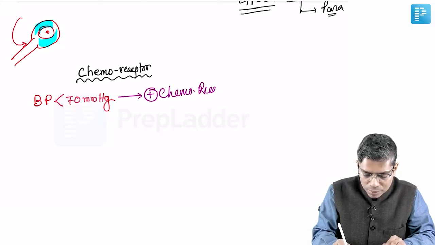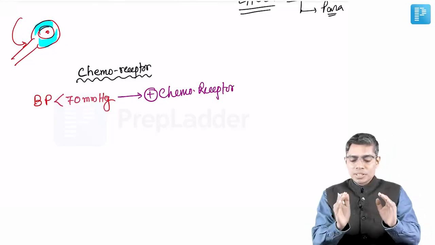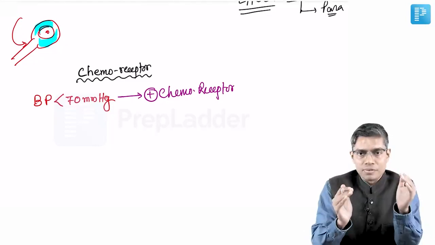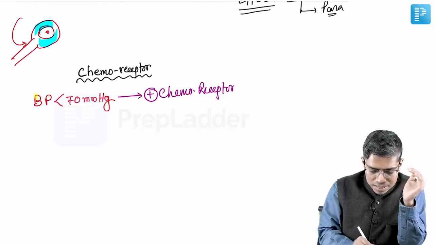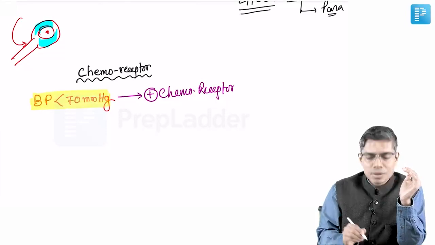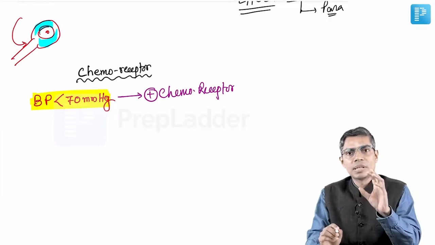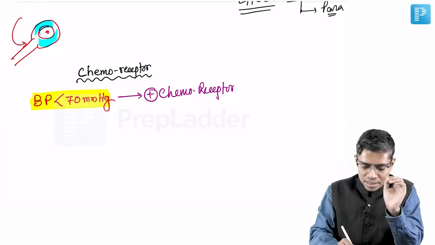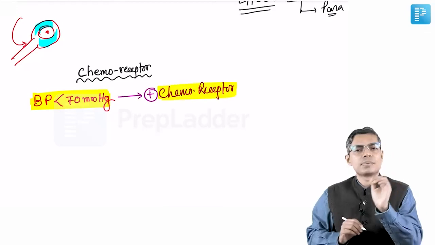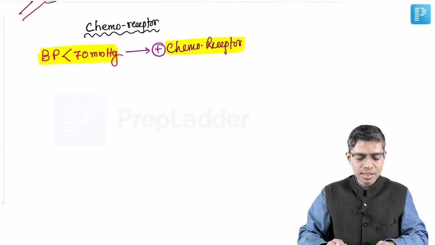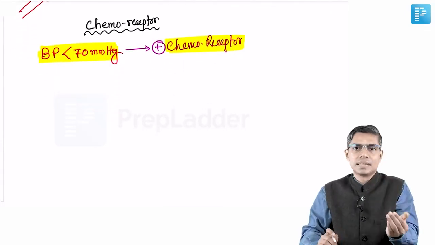Getting my point? That's why I'm saying that blood pressure should be very low. Very low means what range? It should be below 70 millimeter of mercury. Then and only then will the local hypoxia and local hypercapnia be created surrounding the glomus cell and activate the chemoreceptor. So blood pressure can also activate the chemoreceptor indirectly.